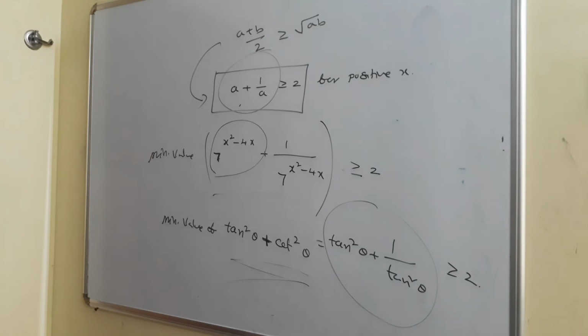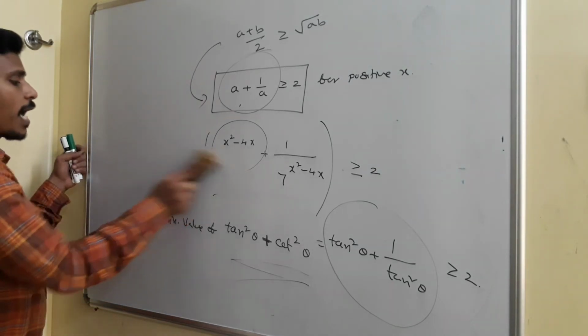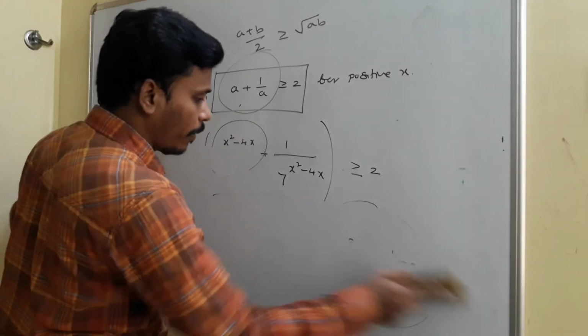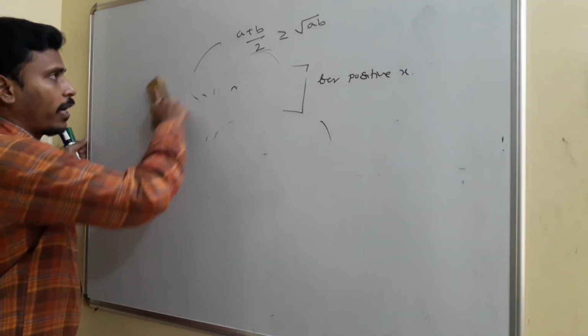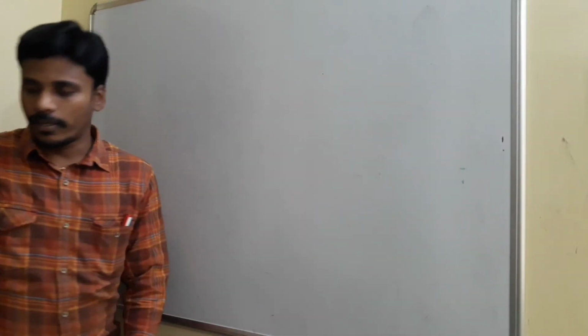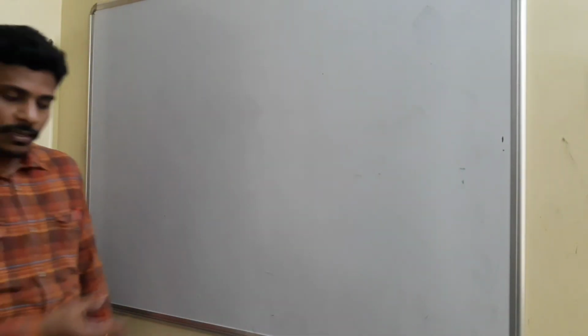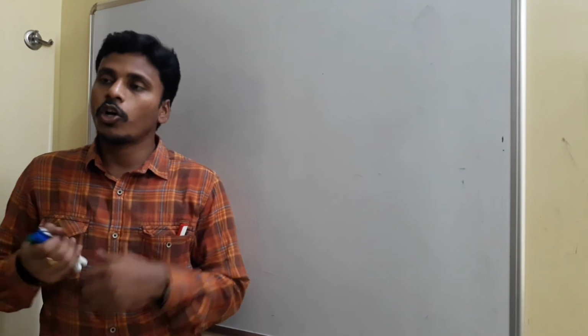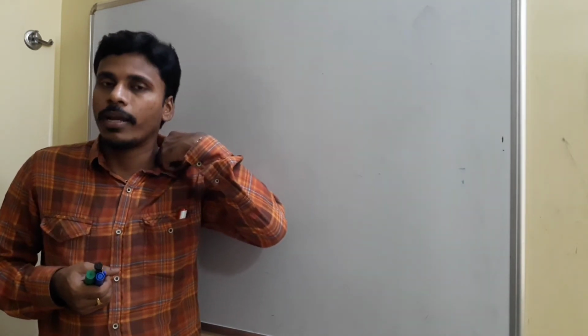Now I just mentioned the arithmetic mean and geometric mean for positive numbers, and that too for only 2 numbers. If there are many more numbers, what do we say about their arithmetic mean and geometric mean? That's what I am going to mention right now. Till now, from the previous class onwards, we discussed the insertion of arithmetic means, geometric means as well as harmonic means between a and b.